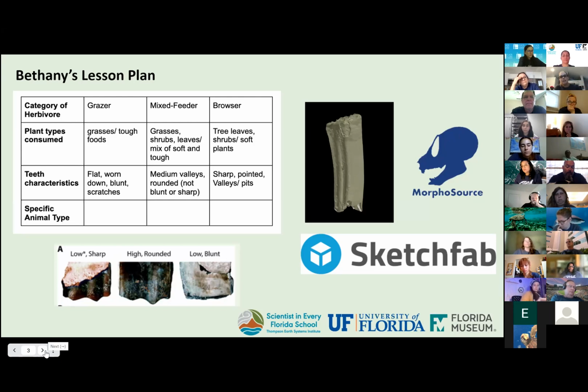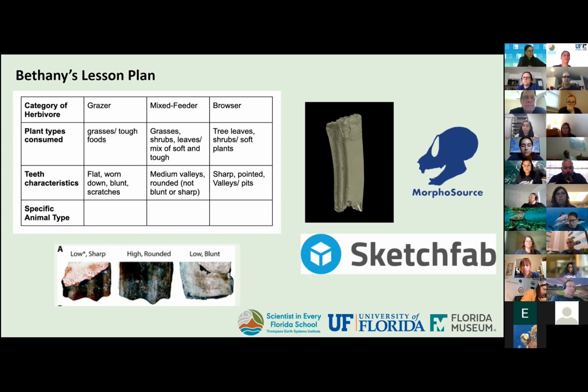And on the right side, I have a 3D example of what the teeth look like. And then I have these little logos, the Sketchfab and the Morphosource, just to show that's where these 3D teeth are coming from.